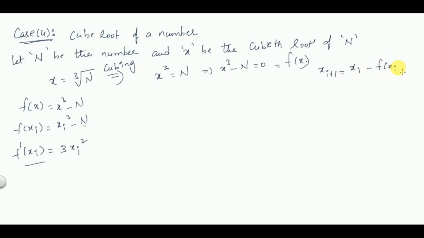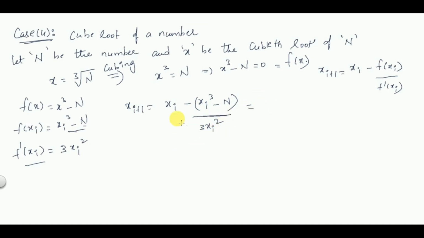minus f of xi by f dash of xi. So xi plus 1 is equal to xi minus f of xi. F of xi is this one, xi cubed minus n, divided by f dash of xi, which is 3xi squared.